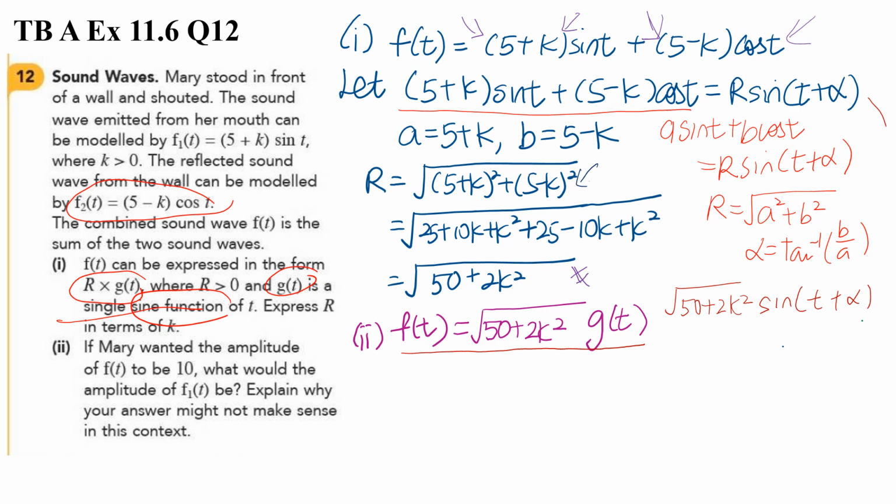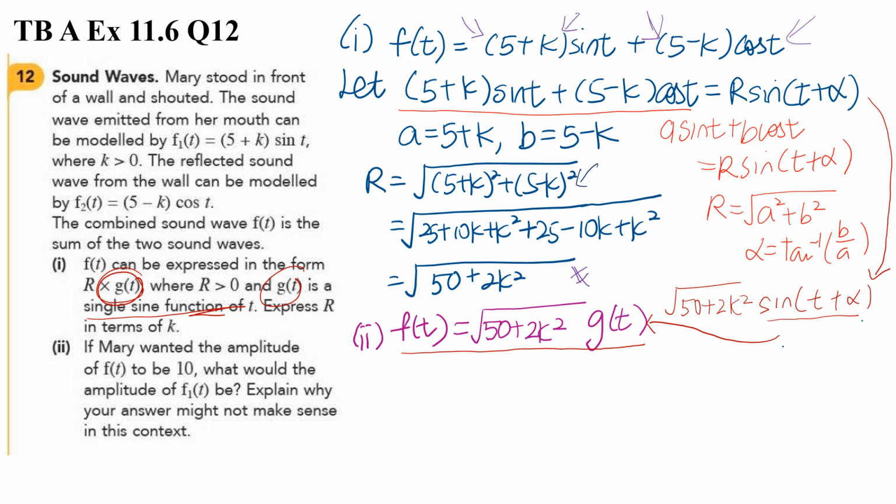According to the question, whatever comes after your R is g of t, which is a single sine function. So you just represent it using g of t. That is what I have here. Okay, replace it with g of t.